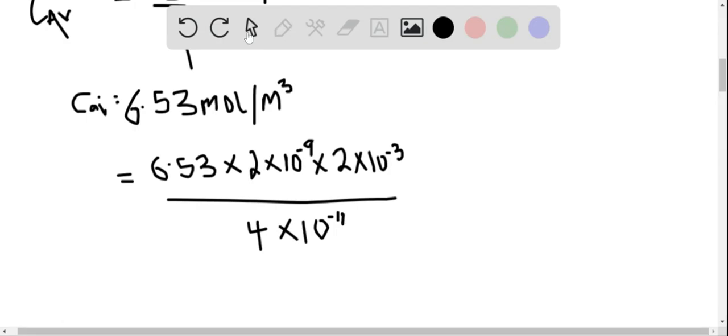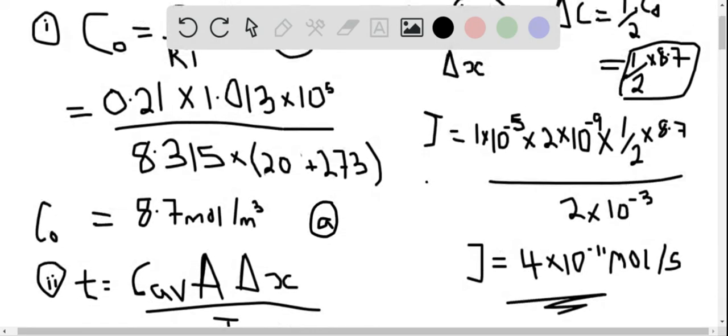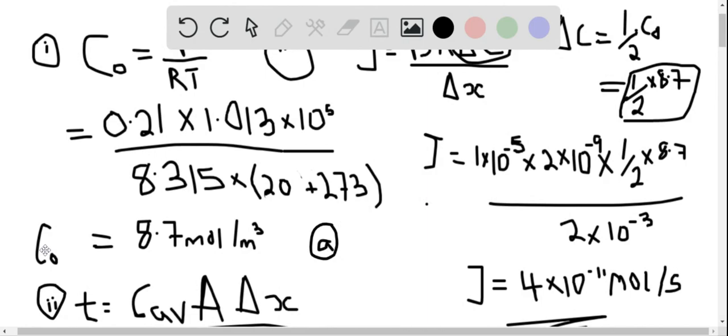So all those values have been gotten from the equations we have solved: the diffusion rate, the average concentration, and also from the question we've been given some of the values.